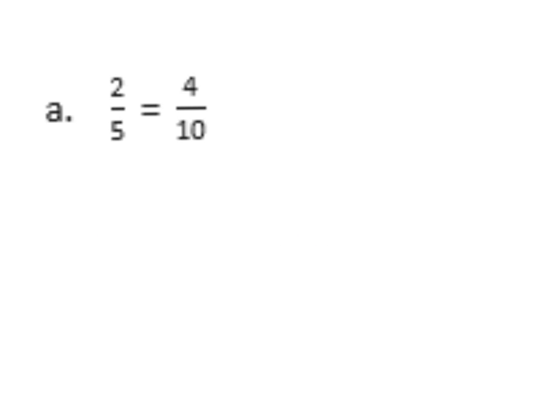Let's take a look at number 3. It says to draw area models to prove that the following number sentences are true. So look at letter A. We have 2/5 equal 4/10. First, let's draw a rectangle and partition it into 5 equal parts.